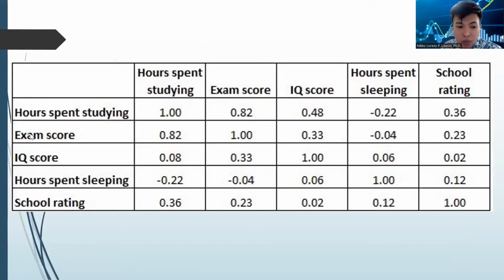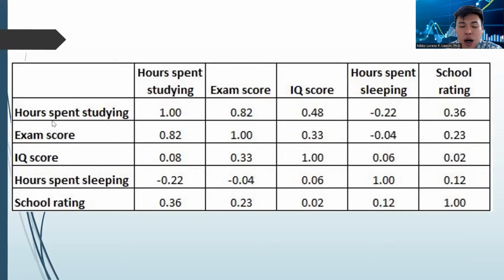For example, exam score and exam score, you correlate, then you will also get one because you determine them using their own value. IQ score and IQ score, you also get one because you compare IQ score to its own IQ score. So therefore, you can see the changes in one variable are also reflected in changes in the other variables. Okay?